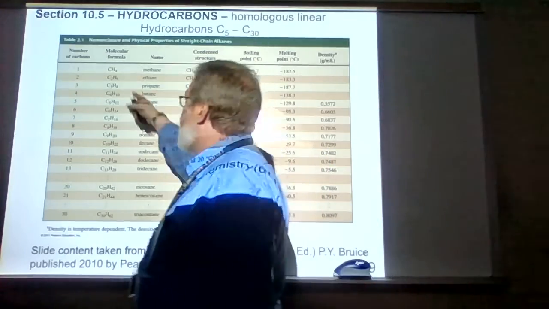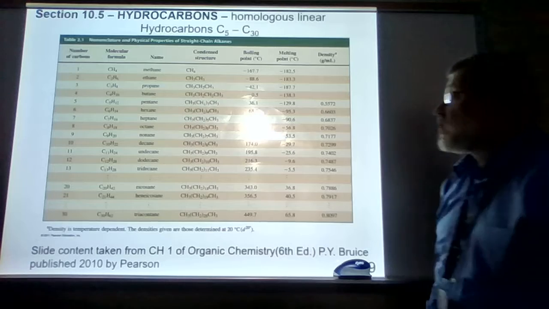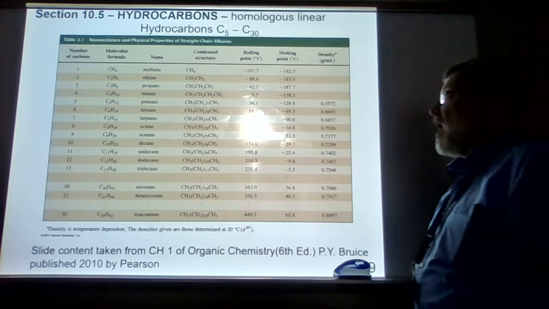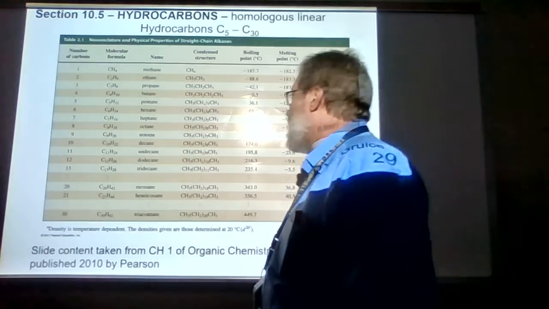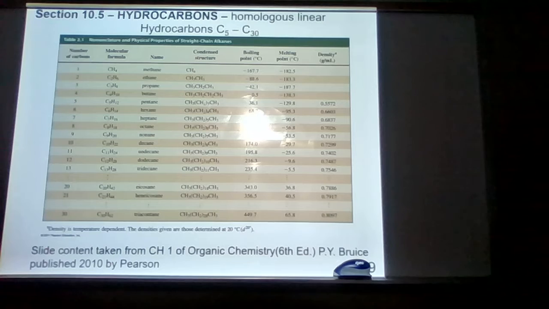You're going to need to know from C1 to C10. Meth is 1, eth is 2, prop is 3, but is 4, 5 is pent, 6 is hex, 7 is hept, 8 is oct, 9 is non, 10 is dec. Other things, what do you notice about these things? As we go from very simple things to more complicated things, we can see that the boiling point and the melting point of these things start to get larger and larger.